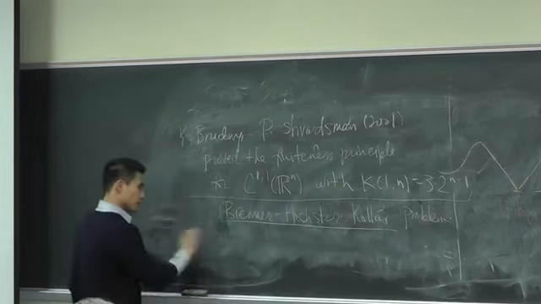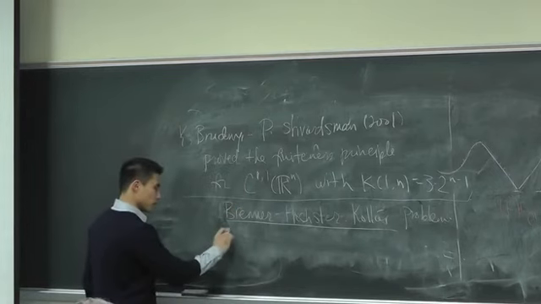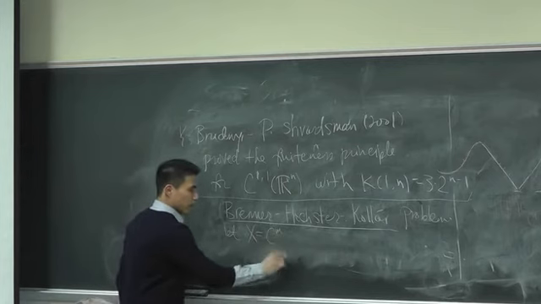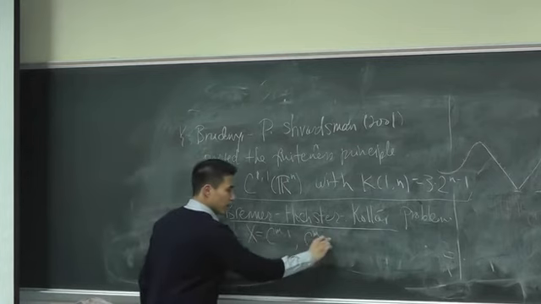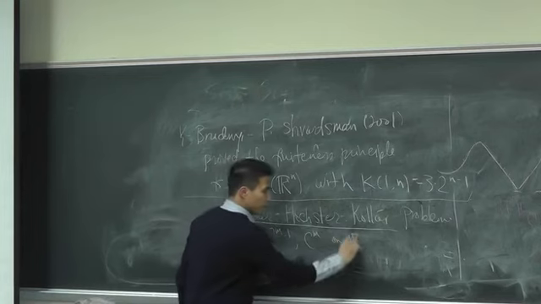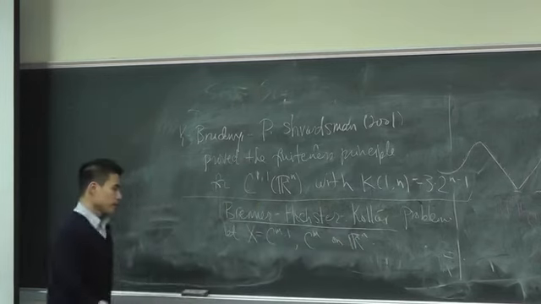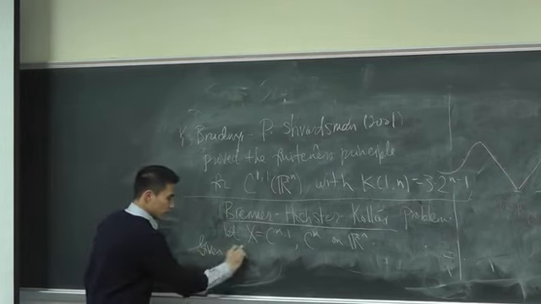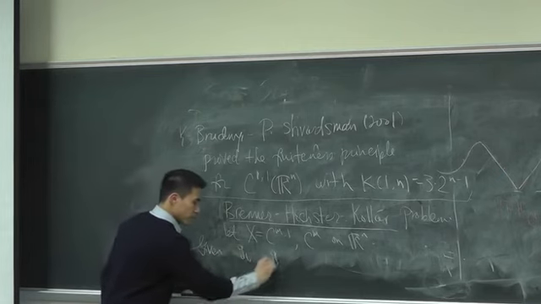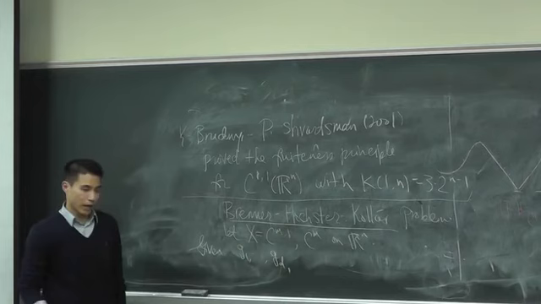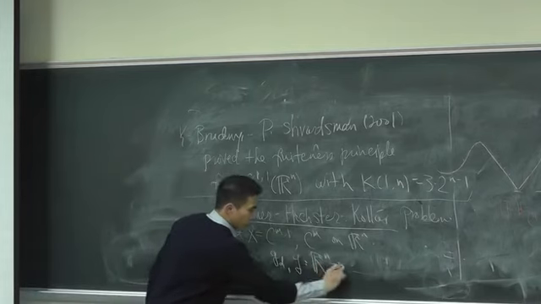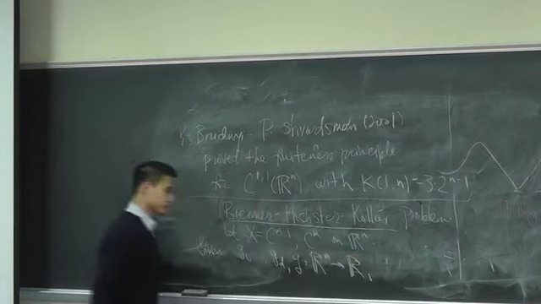Okay, so the statement of the problem is as follows. Let the function space be either C^{m-1} or C^m on R^n. I give you d real-valued functions G_1 to G_d and another real-valued function G on R^n.